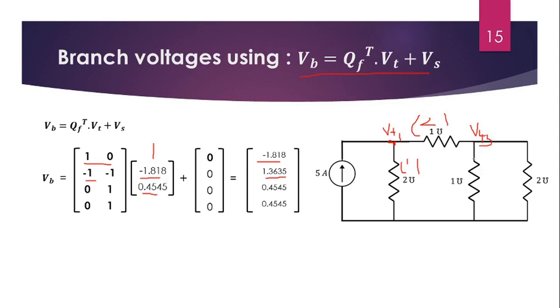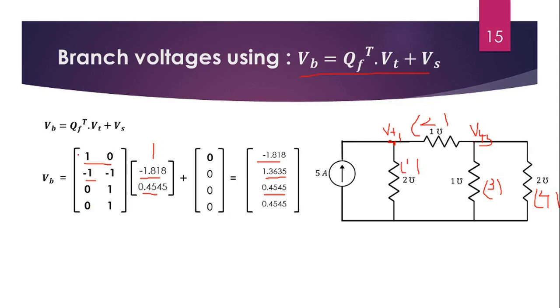Then the branch voltage for twig 3 or branch 3: 0 into 1.818, so that is 0, plus 1 into 0.45, so we are getting 0.45. And the branch 4 we find is the same voltage as these are in parallel, so 0 into this is 0 and 0.45.